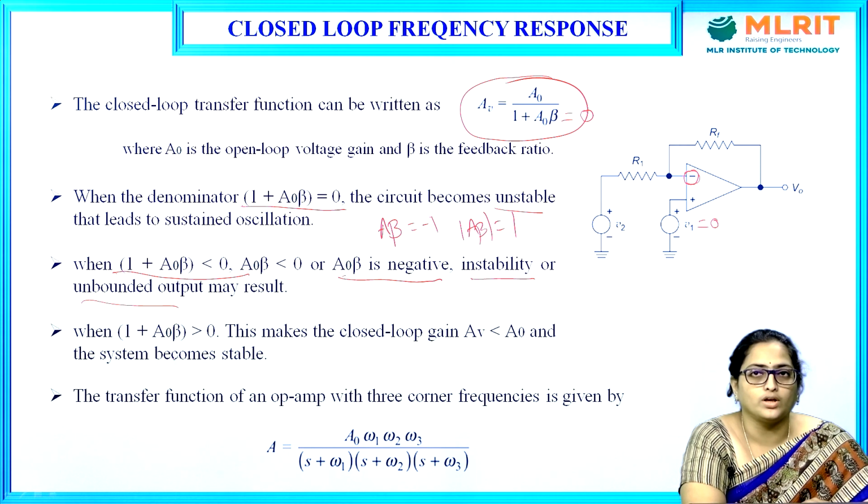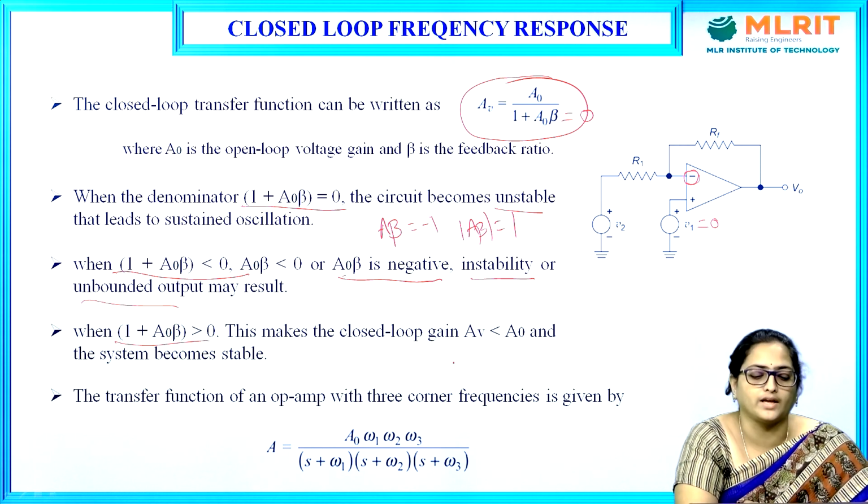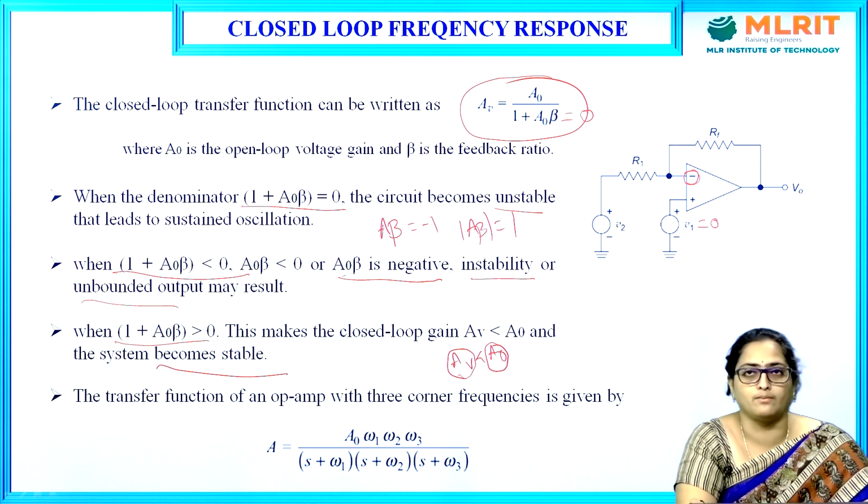When 1 plus A beta is greater than 0, there the closed loop gain AV is less than the open loop gain A naught, and the system becomes stable.